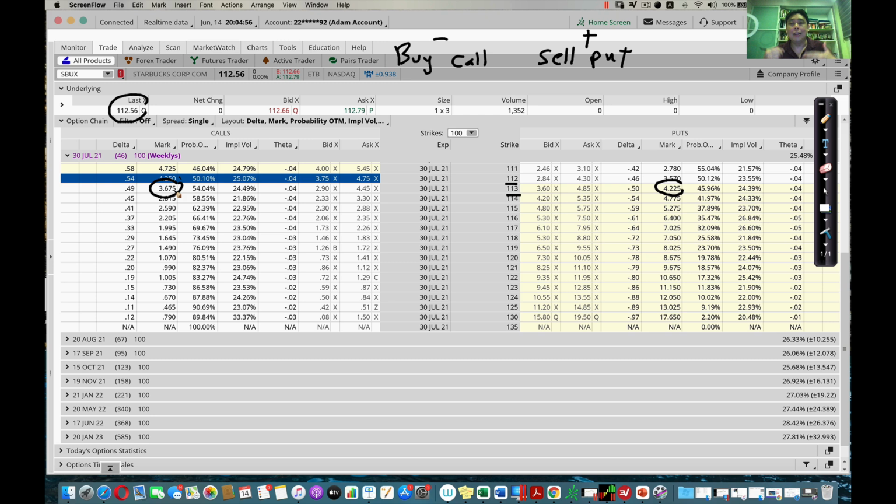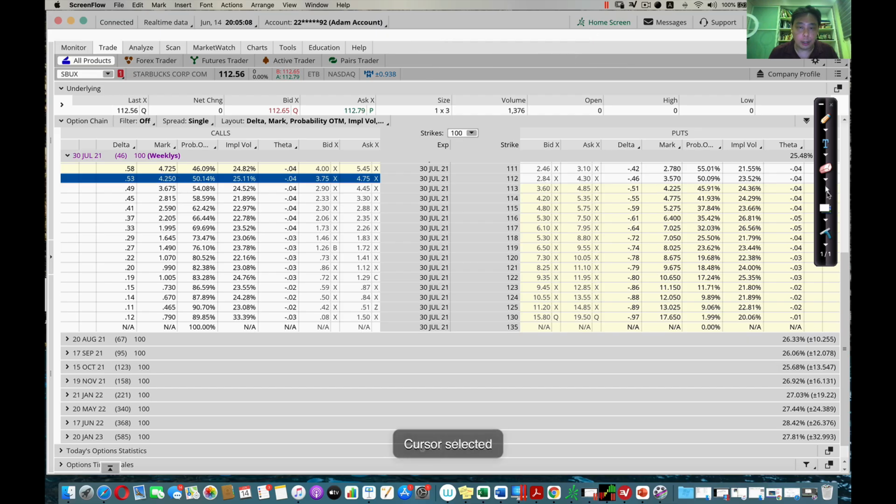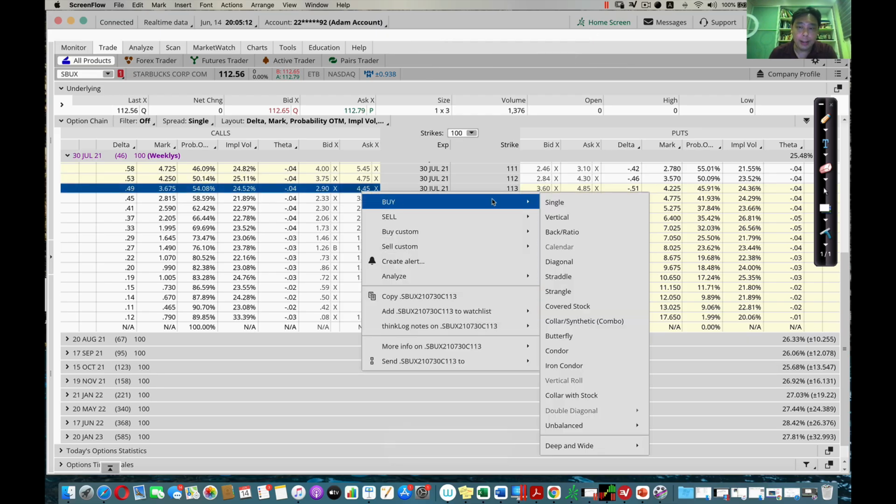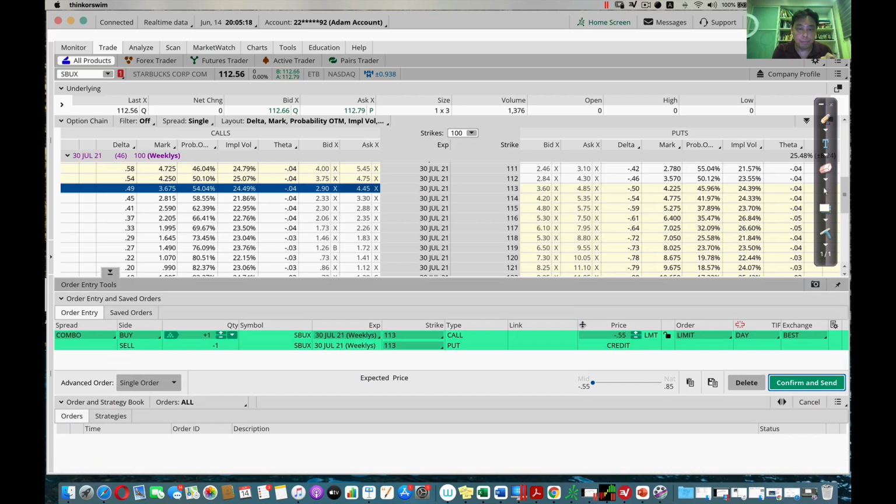Yes, in fact, it's more than enough, right? So again, I'm going to sell this 113 put and buy the 113 call. How do I do that together? I can go to 113, right click, buy synthetic. This is known as a synthetic stock position. Boom, there we go, right?